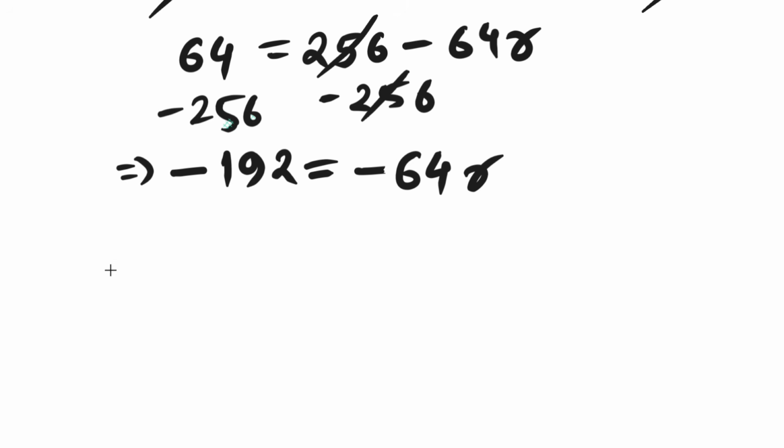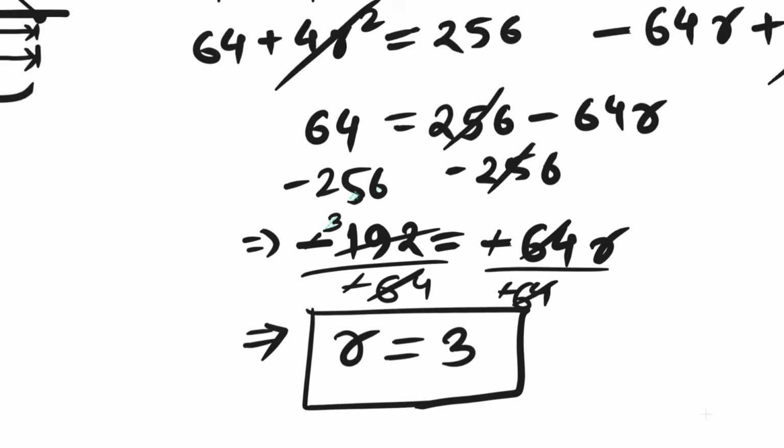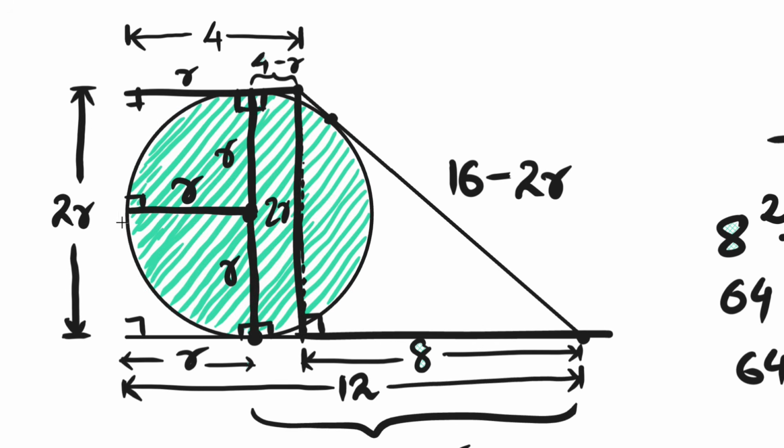So now I have negative 192 equals negative 64r. To isolate r, I divide both sides by negative 64. The negative signs cancel, and 192 divided by 64 is 3, so I get r equals 3. And that means we have finally found the radius of the circle.